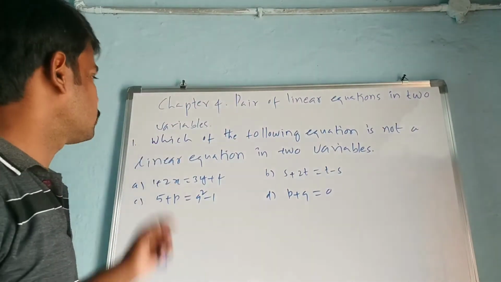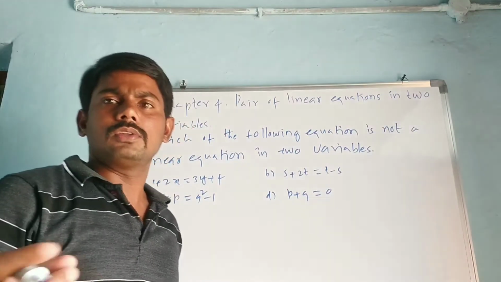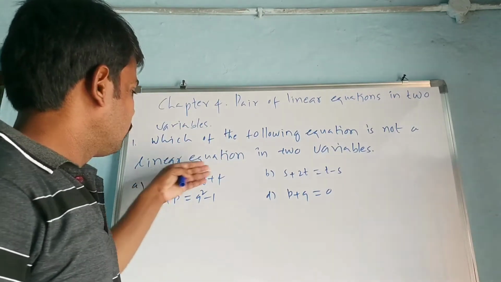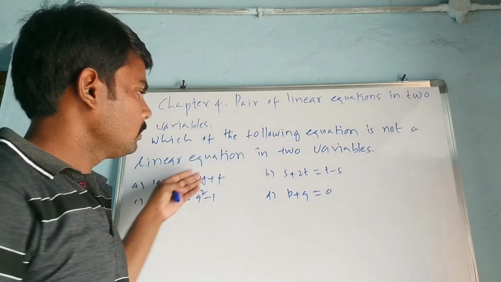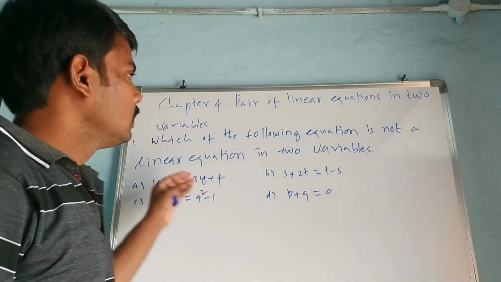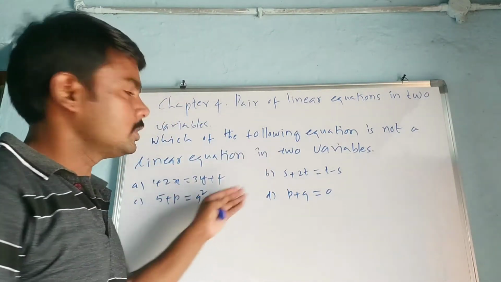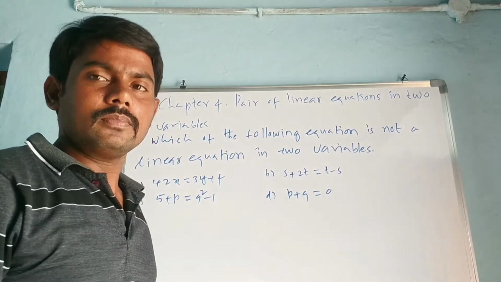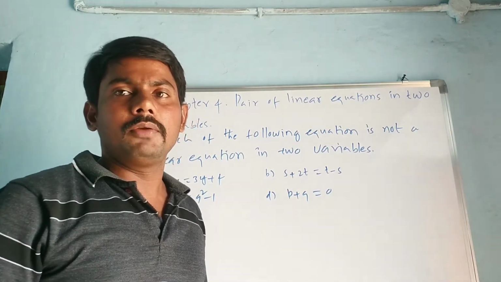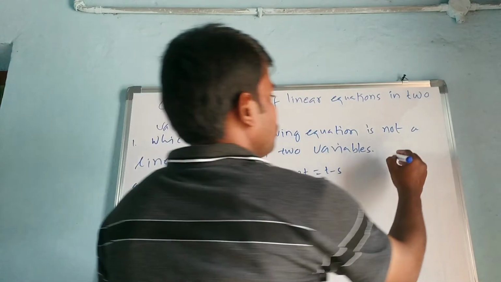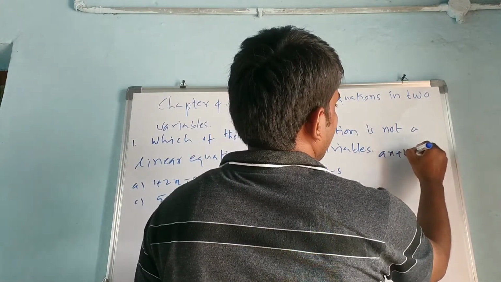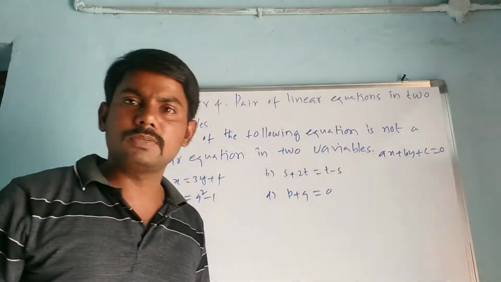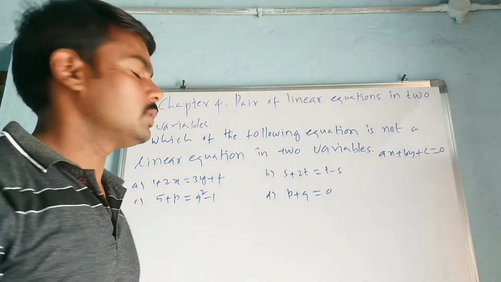So this is the first question. Here four options are given. Out of the four options, we have to find out which is not a linear equation in two variables. As we know, the general form of a linear equation in two variables is ax plus by plus c is equal to 0.